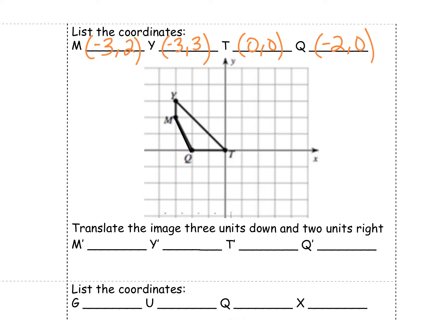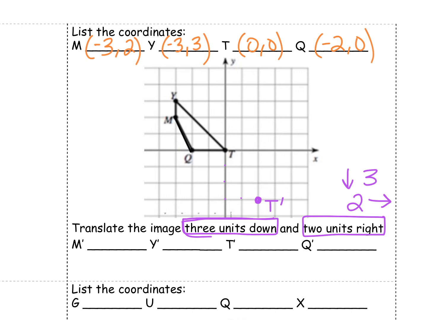Now, it says directions for us to translate 3 units down and 2 units right. So each individual point is going to move 3 down, 2 right, and then we relabel it as that number or letter prime. So I'm going to start with T. 3 down, 2 right. I'm going to drop my new point, and I'm going to call that T prime.